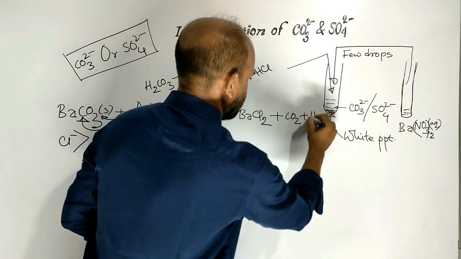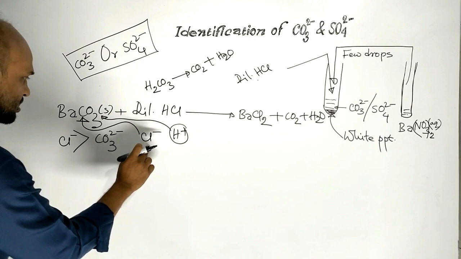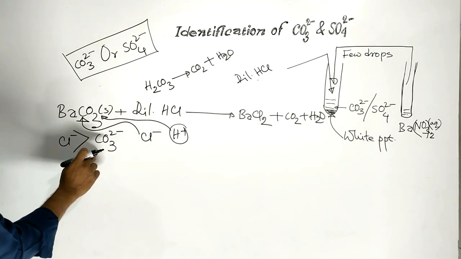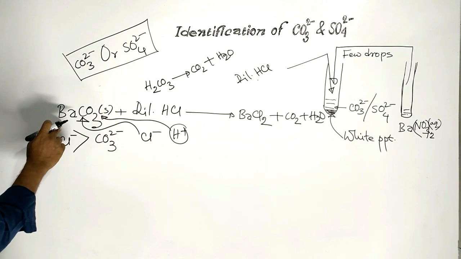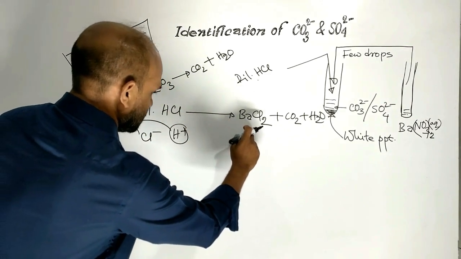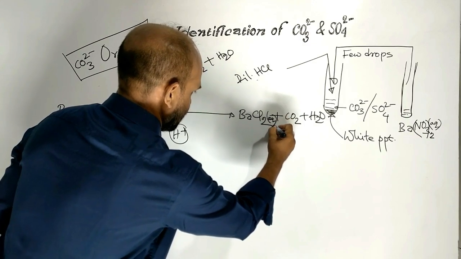Here, chloride ion is more reactive than carbonate ion, so it can replace the carbonate ion from barium carbonate. For this reason, barium carbonate forms soluble barium chloride.